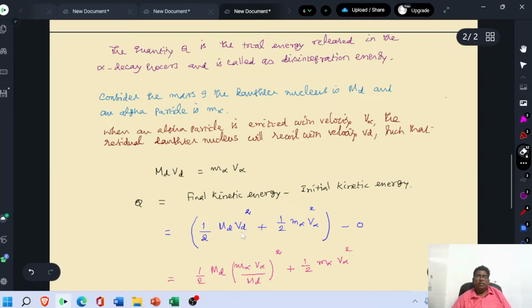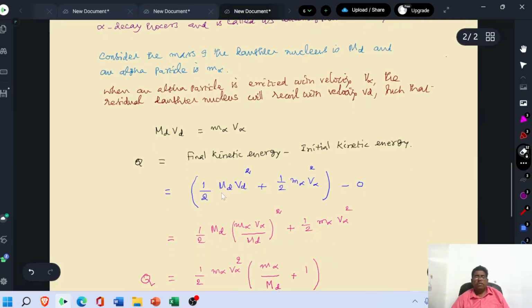Final kinetic energy means the kinetic energy of the daughter nucleus plus the kinetic energy of the alpha particle. Half mv square is the formula for kinetic energy. Then half into MD, mass of the daughter nucleus, into VD square, VD being the velocity of the daughter nucleus. This is the kinetic energy of the alpha particle.